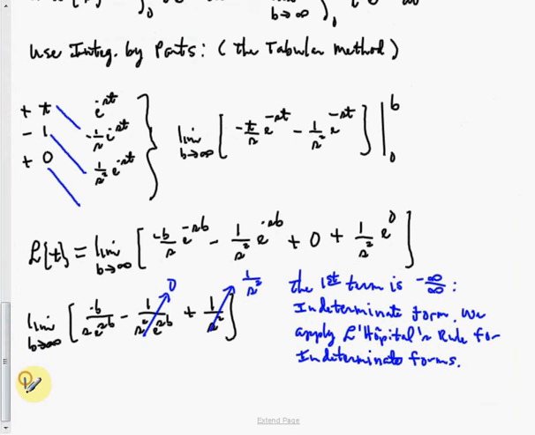So here, this is the limit as b goes to infinity. The derivative of negative b is negative 1, all over the derivative of e to the sb, which is the derivative of sb times e to the sb. Well, the derivative of sb would be s times 1.